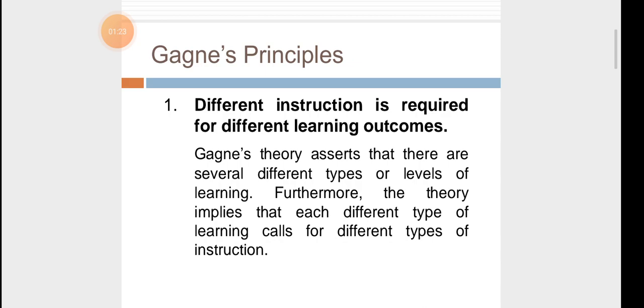Gagné's theory asserts that there are several different types or levels of learning. Furthermore, the theory implies that each different type of learning calls for different types of instruction. Ito nga, dapat in different types of learning, kinakailangan din ng different type of instruction of the teacher for them to achieve their outcomes and goals in conducting his or her lesson.